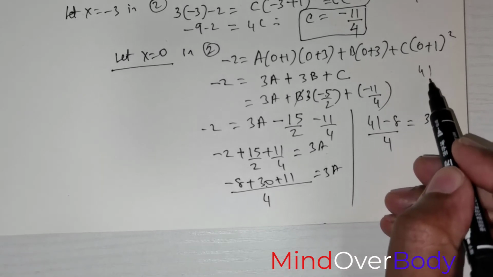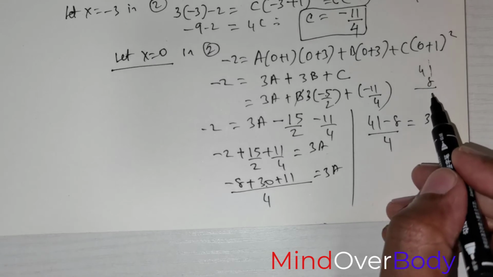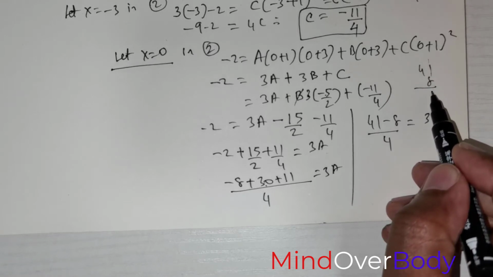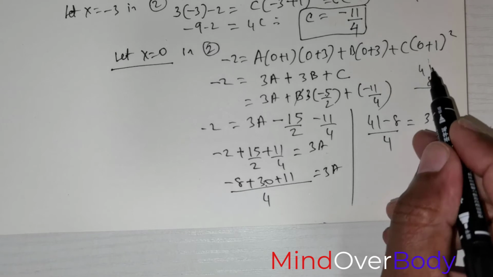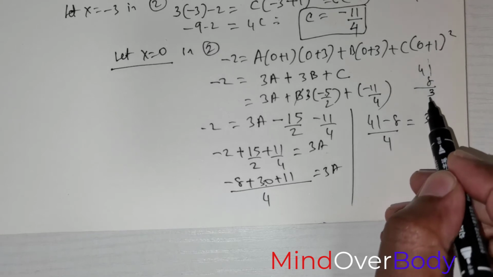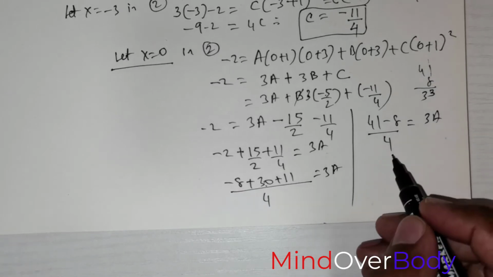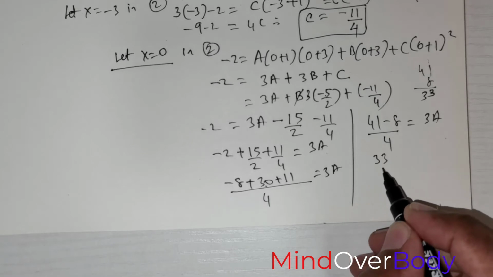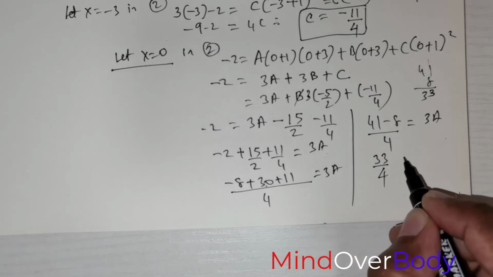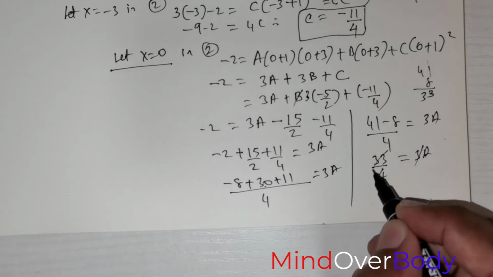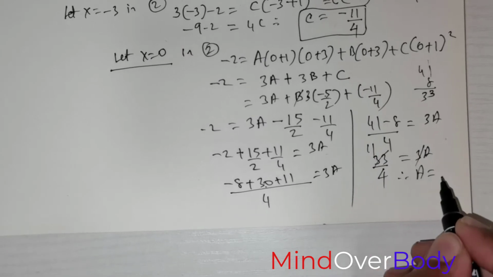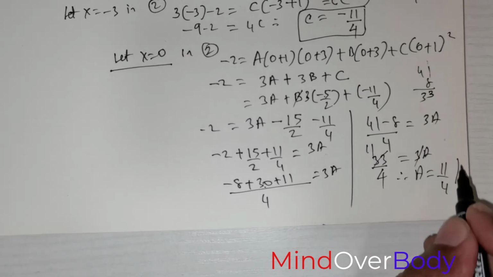So 41 minus 8 is going to give me 33, right? I get 33 divided by 4 is equal to 3 times a. But 3 can divide 33 eleven times, so therefore my value of a is 11 over 4.